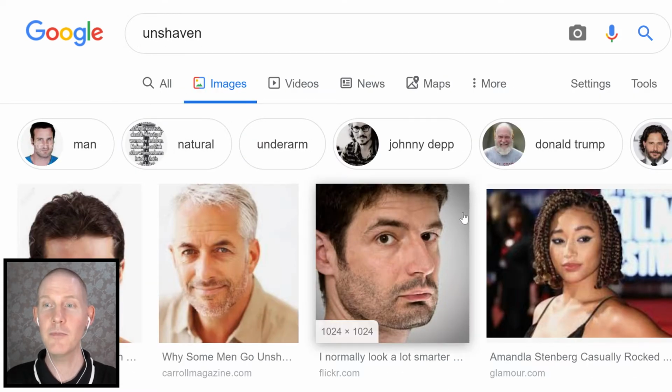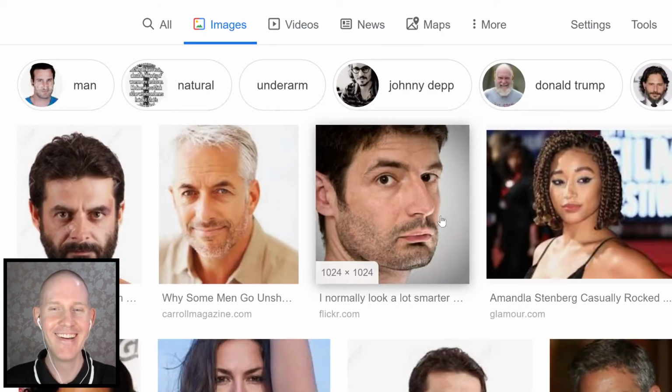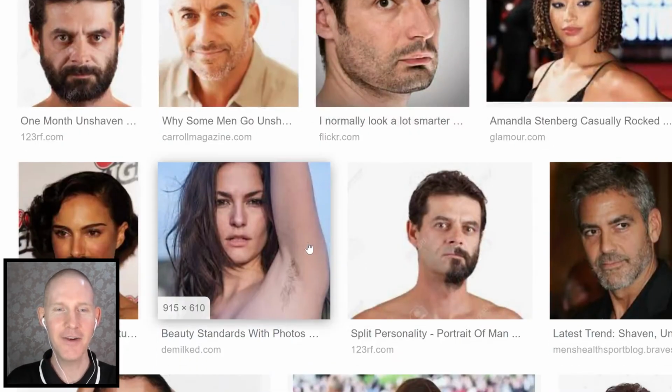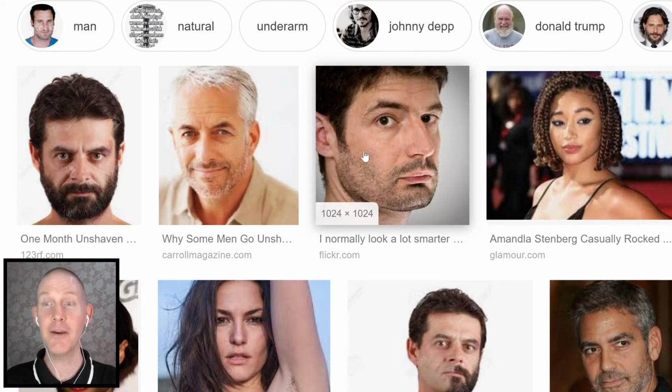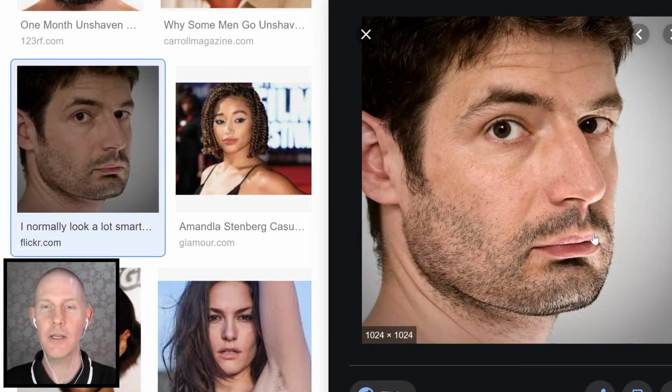Okay. Oh, they even put a lady. Okay. Oh, armpit hair. That's not what I'm going for, but that would work as well. Okay, so I think a great example is this guy. You could say he's unshaven, and I don't think he's planning to grow a beard. It's possible. If he lets it keep growing, then the hair on his face will probably be as long as his sideburns.